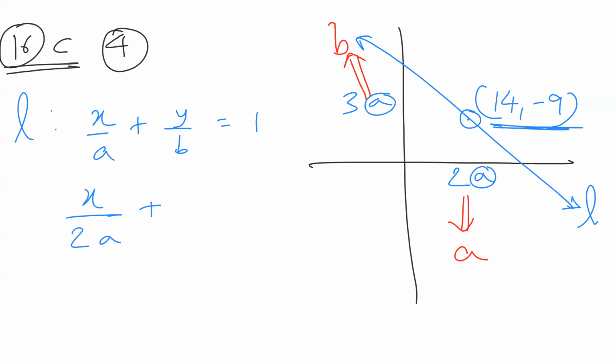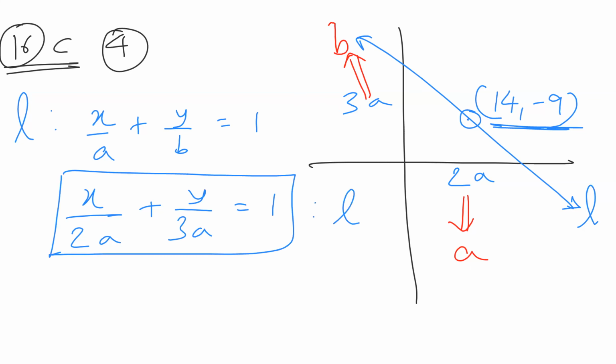This a they have given in the problem. Earlier problem I had taken it as k, but then they have deliberately given this as a. So this is nothing but line L. You can also take the LCM over here, but that's fine.